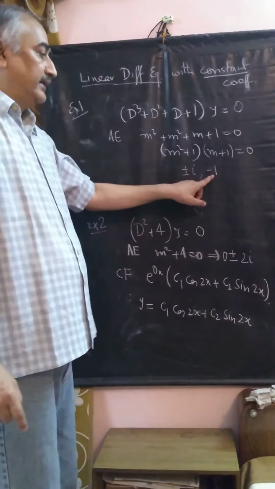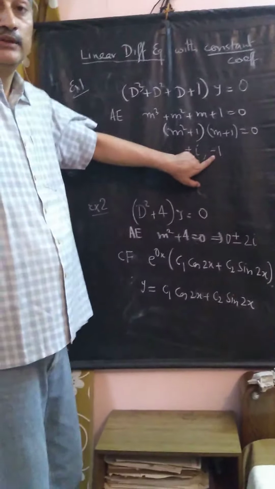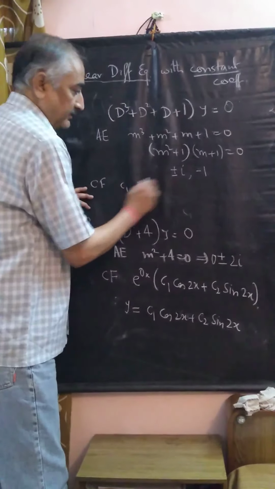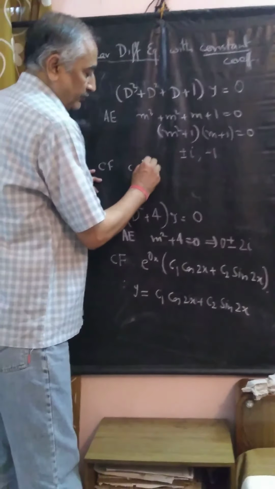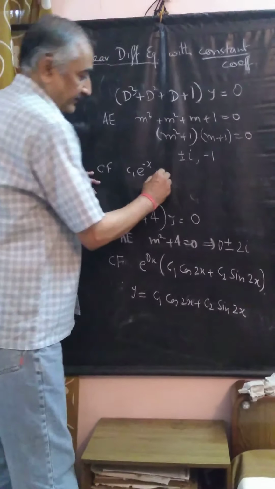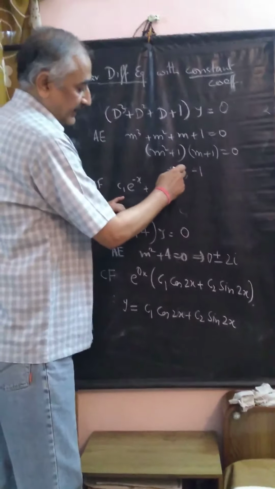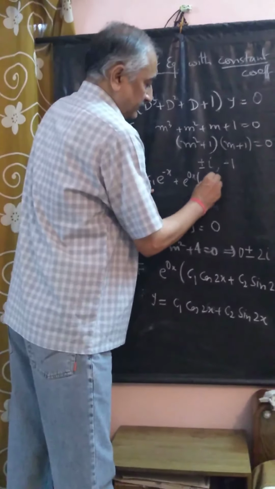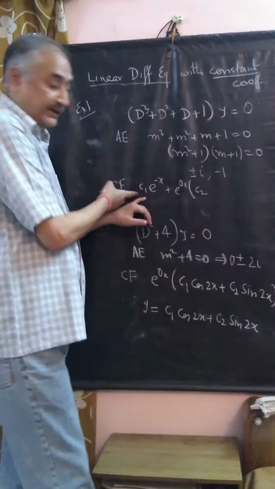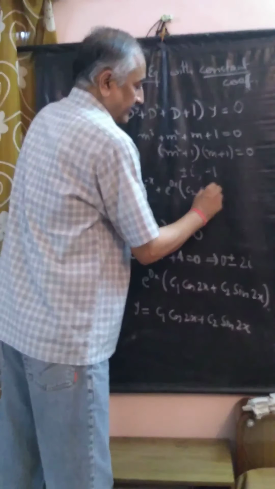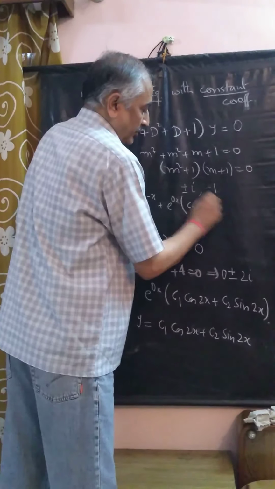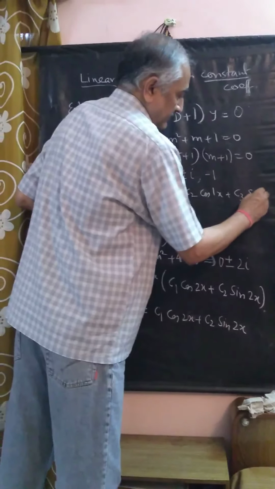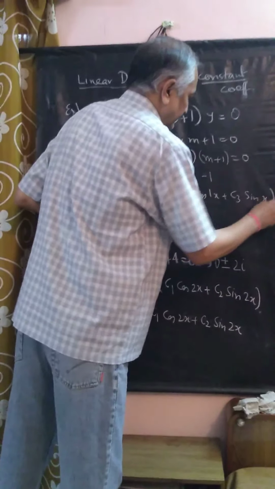So I'll first write corresponding to this. Complementary function is c1 exponential minus 1x and then 0 plus minus i. So this will be exponential 0x, c2 (because c1 is already there) c2 cos 1x plus c3 sin 1x, where 1x means x.